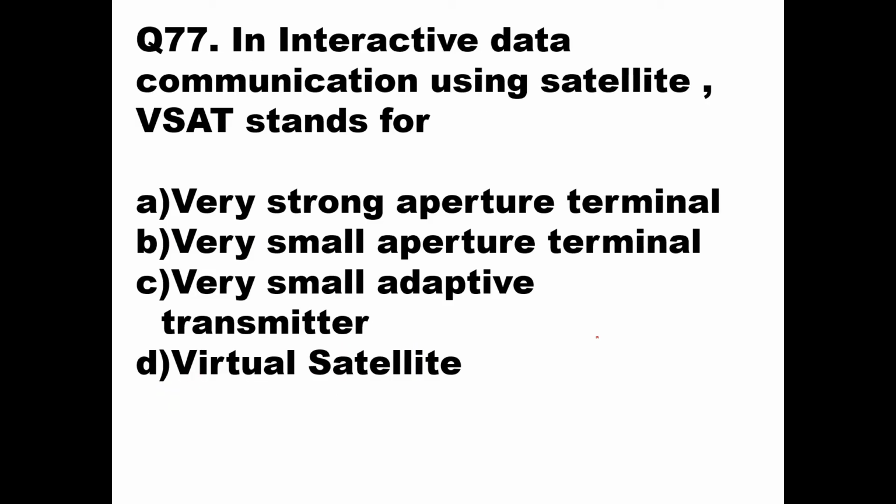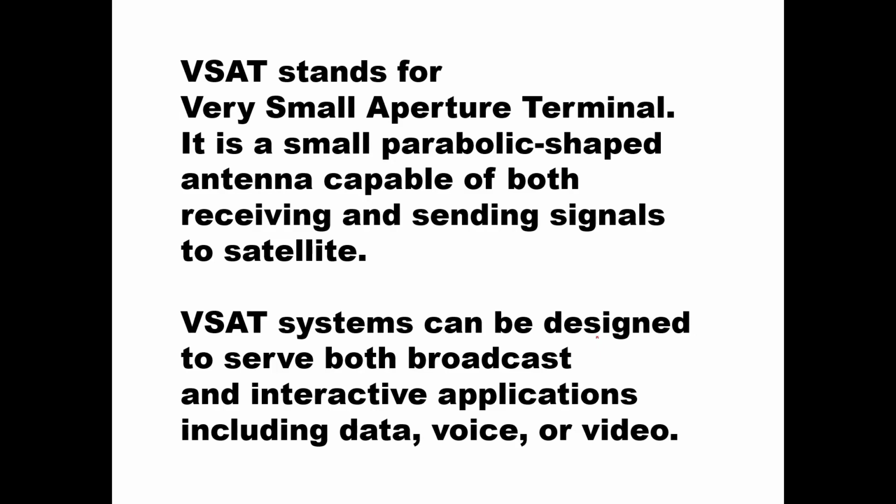In interactive data communication using satellite, VSAT stands for what? Okay. Now VSAT stands for Very Small Aperture Terminal. That is option B. It is a small parabolic shaped antenna which is capable of both receiving and sending signals to satellite.